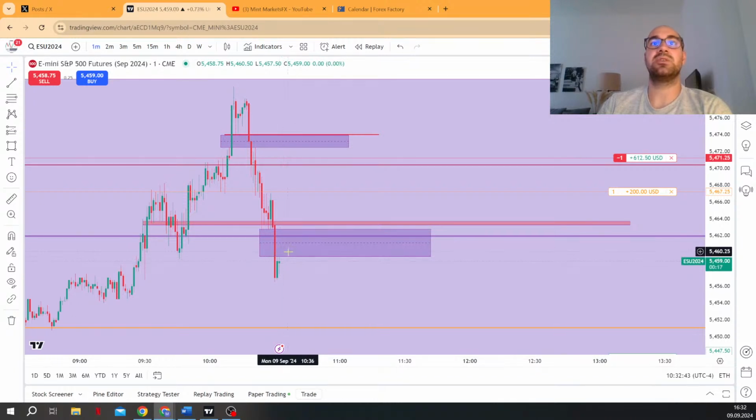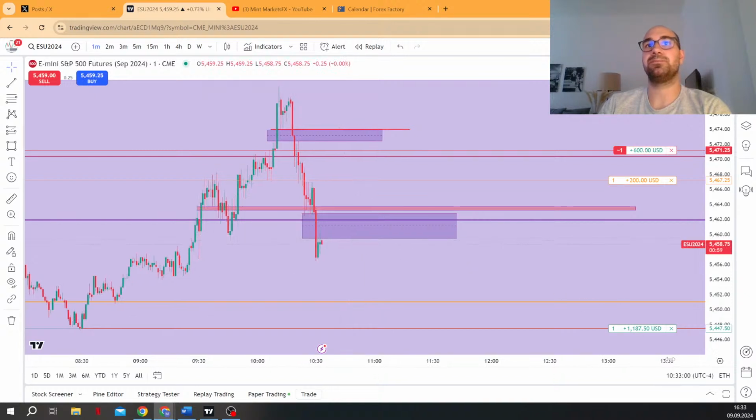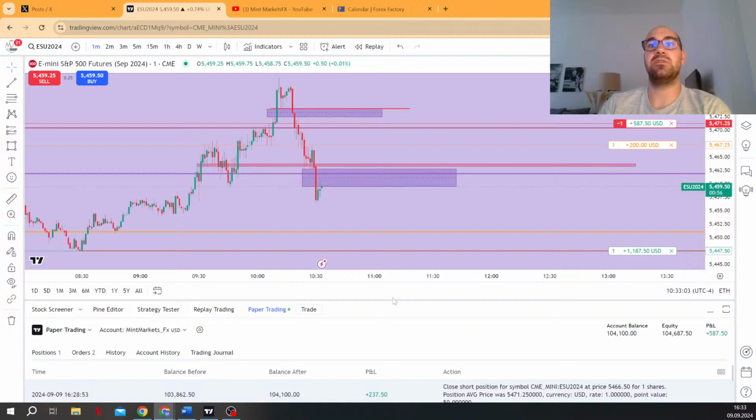In my opinion, one could add to the position here, one contract, with the idea to trade lower. Stop is fine here. Should not take the stop here. I will leave it here. I will not add to the trade.